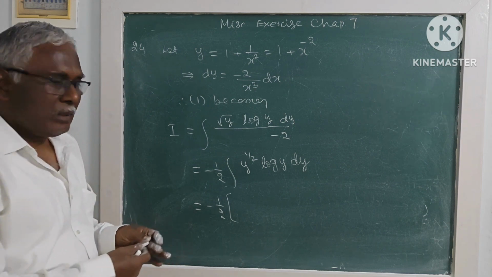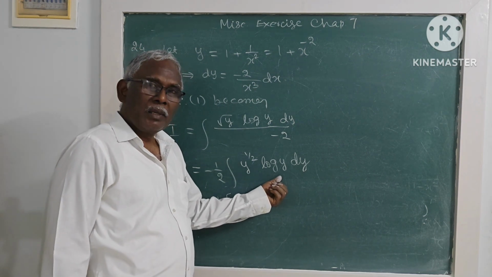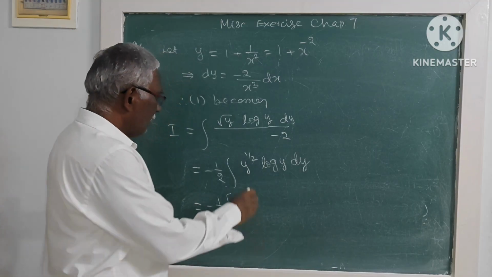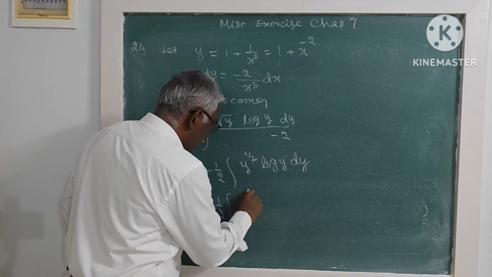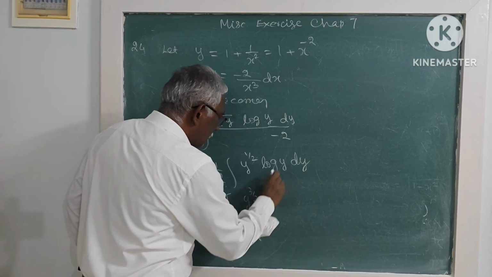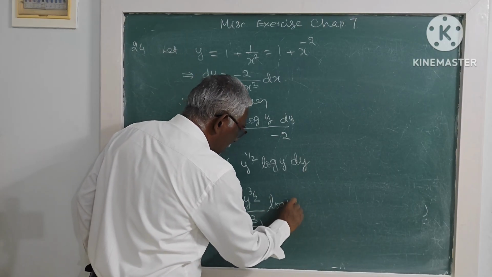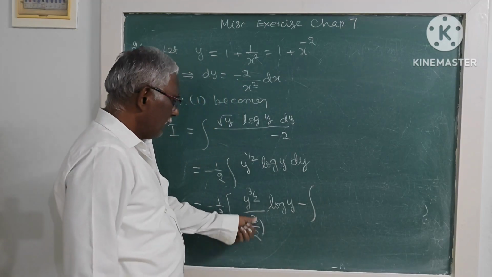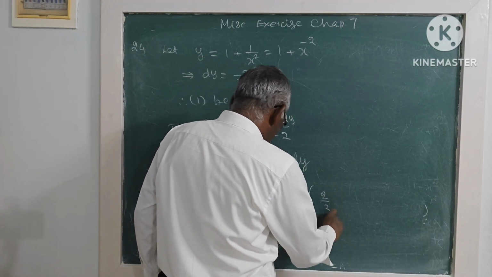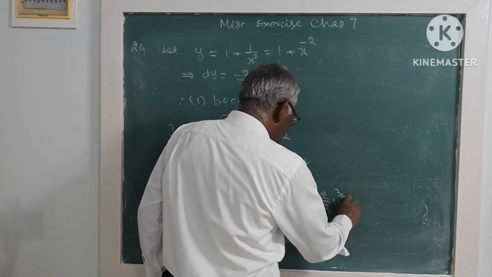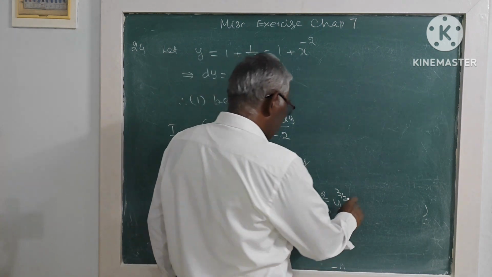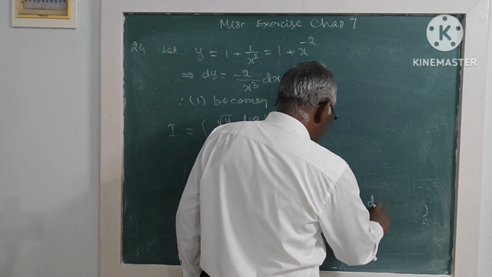Now integration by parts. So we cannot integrate log y. So that means we have to integrate only y power half. We integrate y power half, y power 3 by 2 by 3 by 2 into second function log y, minus integral of integrated function, that is 2 by 3 times y power 3 by 2 into differentiation of log y is 1 by y dy.